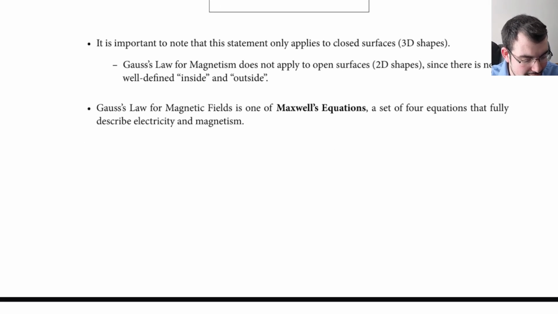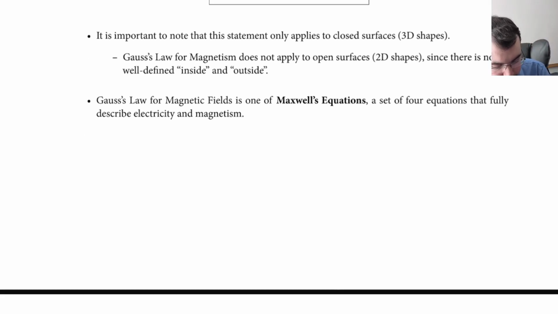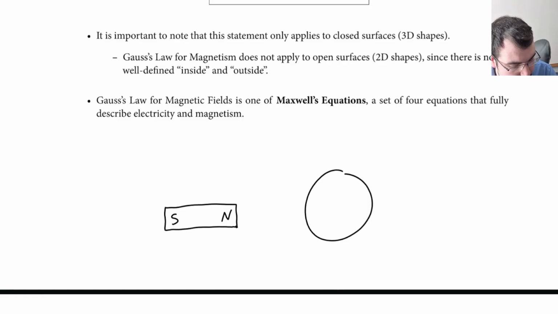So again, just to model what this looks like, I'll just draw one field line because it will probably make more sense. If we draw ourselves a sphere, or just any shape, it doesn't actually matter what.